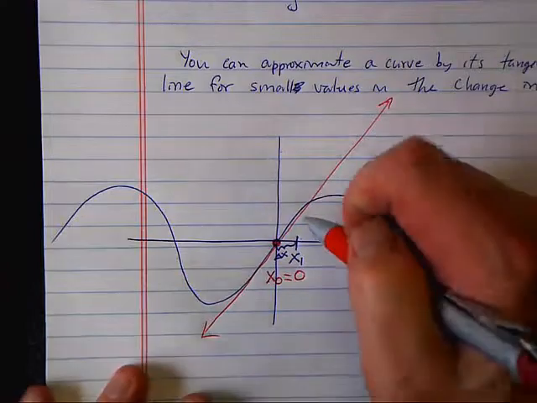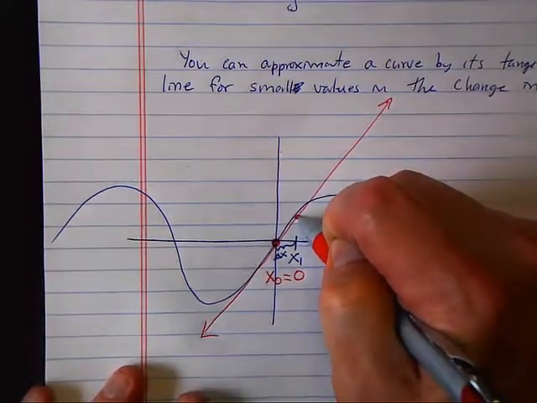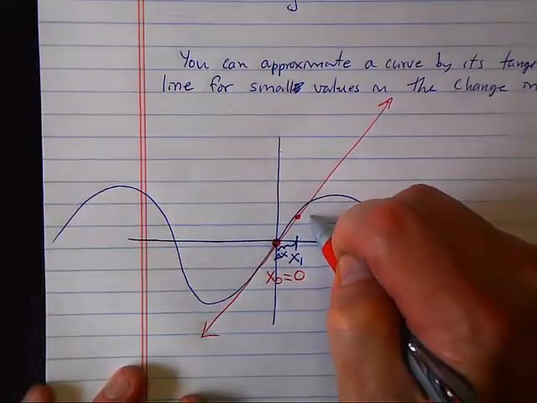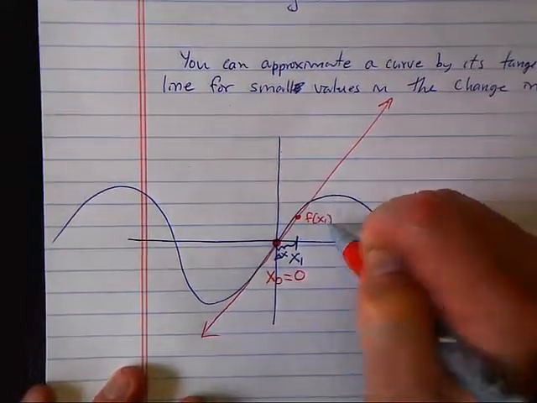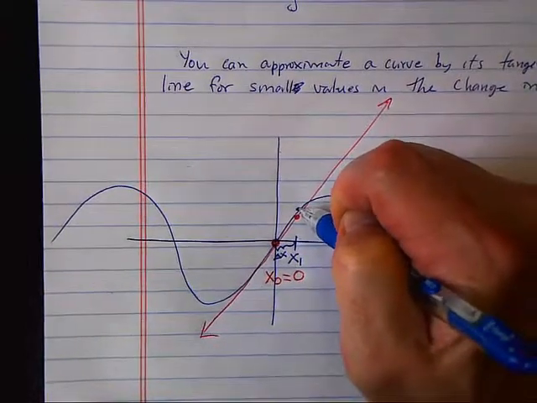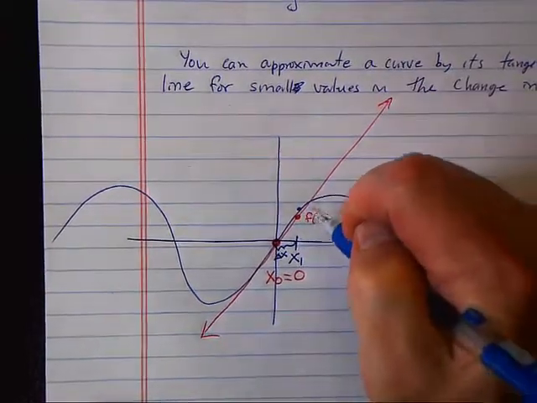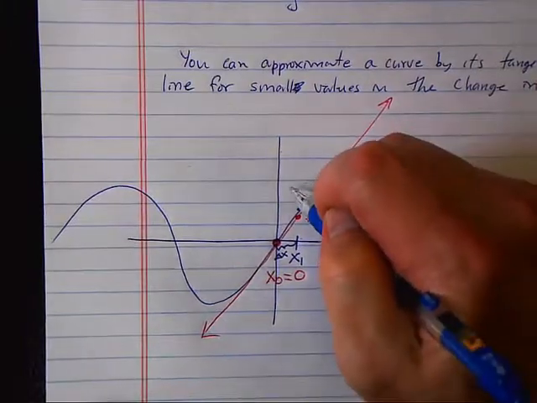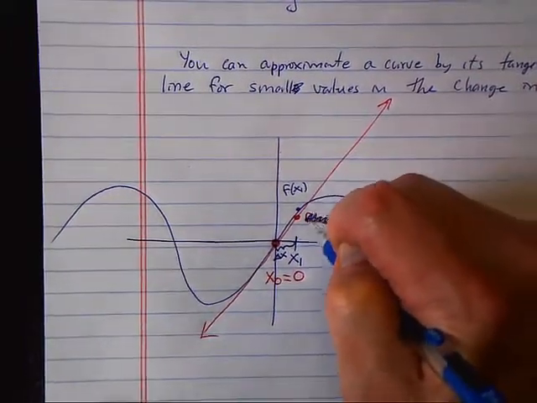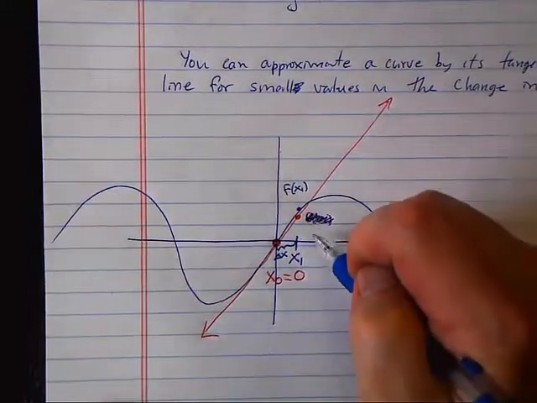So I plug x1 into the original curve, that would be f at x1. And I plug x1 into the tangent line.